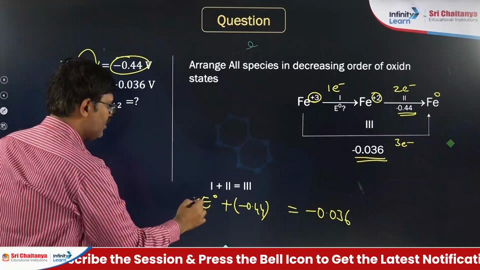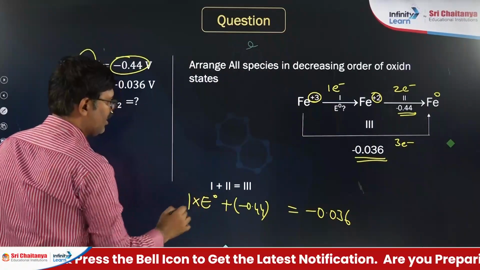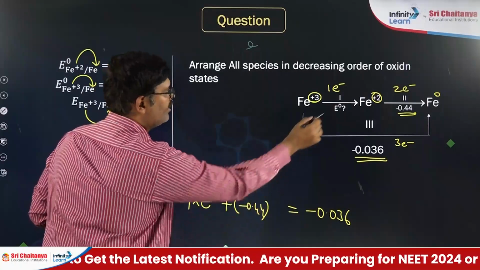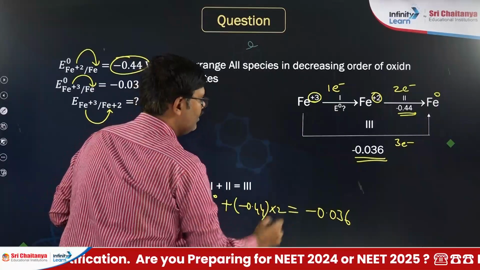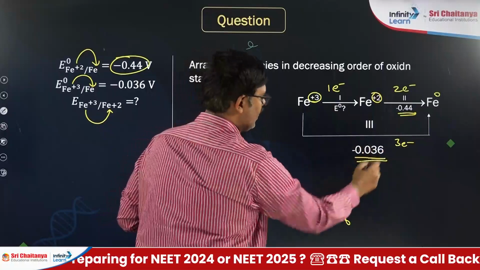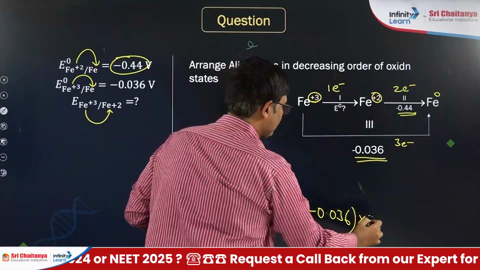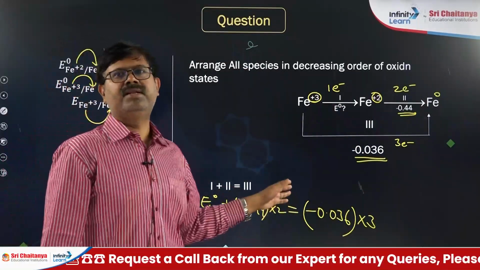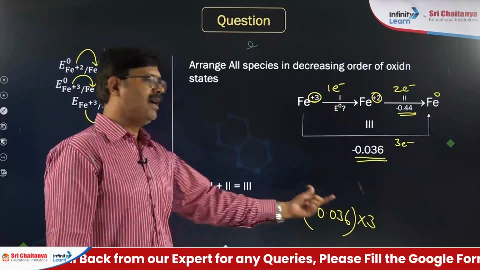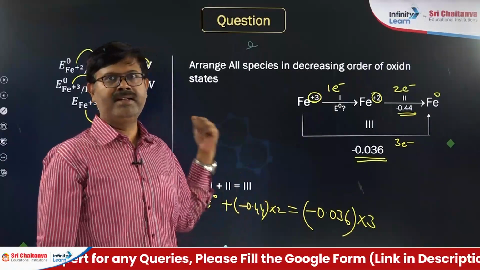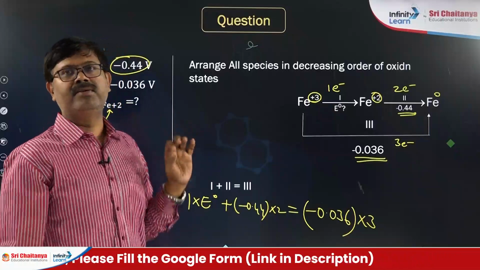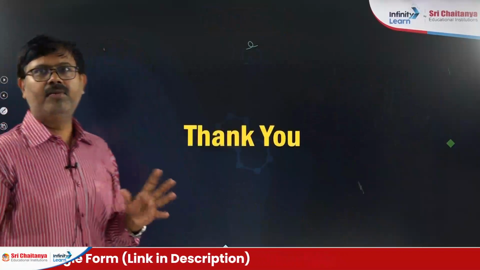First path 1 electron, second path 2 electrons, third path 3 electrons, so multiply this with 3. That's it. After that you just simplify, take this to the right hand side and calculate the E naught. That is the Fe+3 to Fe+2 reduction potential value. I hope you understand.